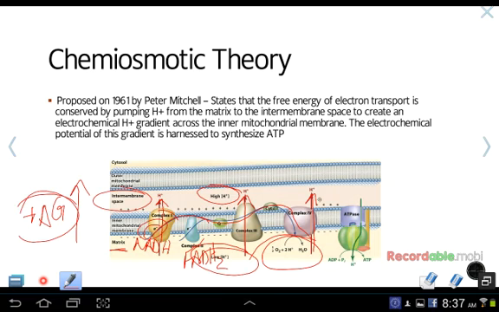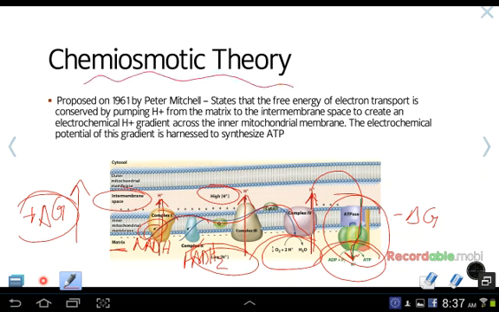Then the protons are able to come back into the matrix in only one way, and that's through the protein complex ATPase. The energy that is released as these protons go from a high proton concentration area to a low proton concentration area is then what is harnessed to make ATP. So this concept is actually called the Chemiosmotic Theory, which was proposed in 1961 by Peter Mitchell.